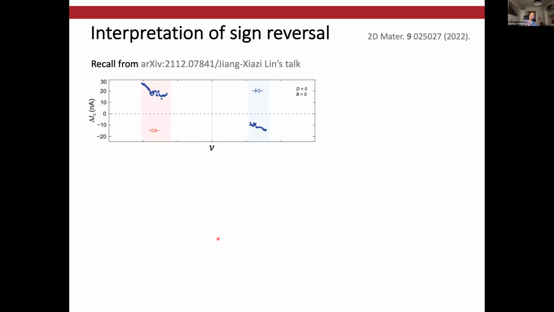Let me just very briefly make a comment on the sign reversal that I mentioned earlier. This is, of course, a very complicated question, but at least in the simplest limit, where we assume that there's no spin-orbit coupling and valley imbalance, we can extract some information from the sign reversal.